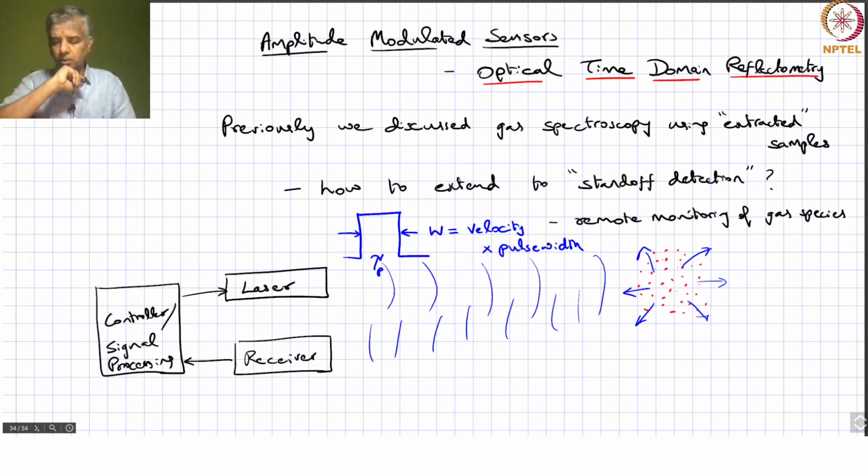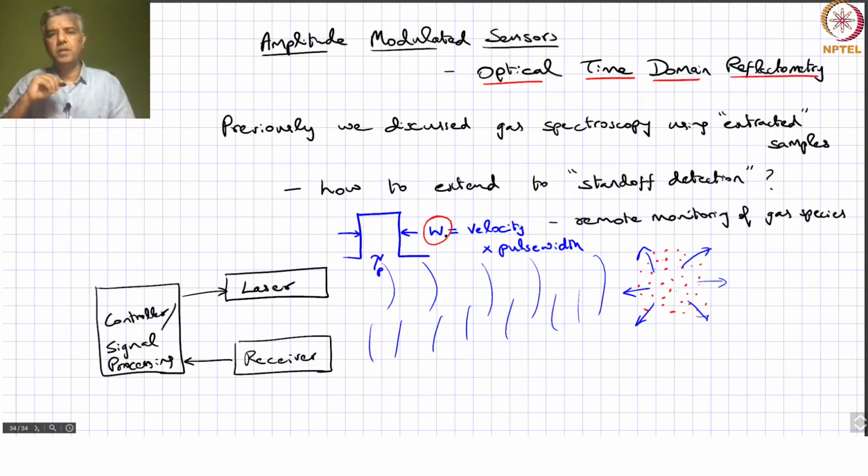That is actually a very important aspect. At any particular point, you're sampling the atmosphere only over this extent W. So that becomes the key point.